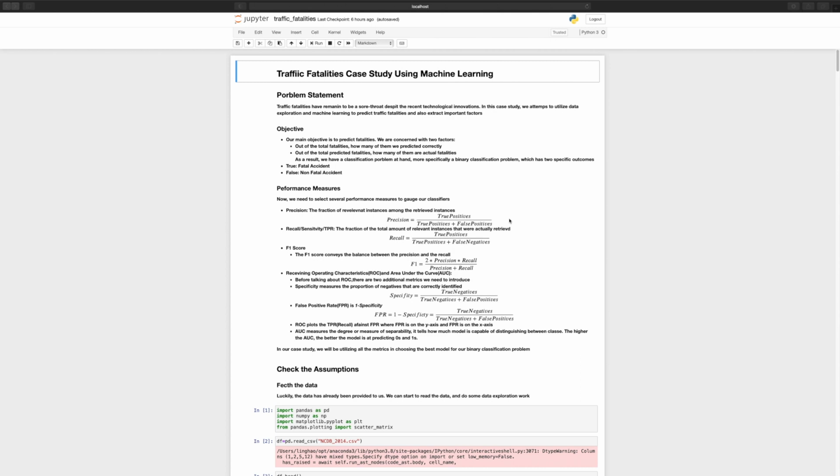In this video, I am going to explain how I have used data analytics and machine learning techniques to predict traffic fatalities. Our main objective is to predict fatalities, so we are mainly concerned with two factors. Out of the total fatalities, how many of them we predicted correctly, and how many of the total predicted fatalities were actual fatalities.